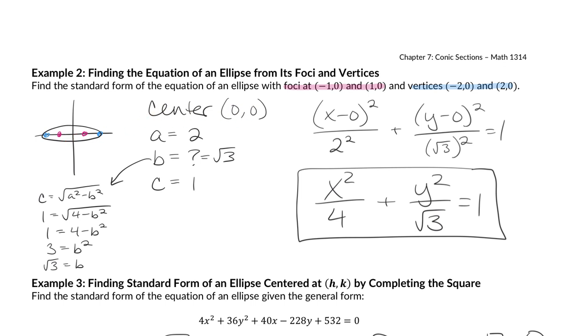If my center is at 0, 0, the distance that the foci is from the center is c. It's called the focal length. So c is 1. The major vertices are given by the a value. That's the distance from the center to the major vertices. So I know a was 2 and c was 1. All I had to do was solve for b using the not Pythagorean theorem.